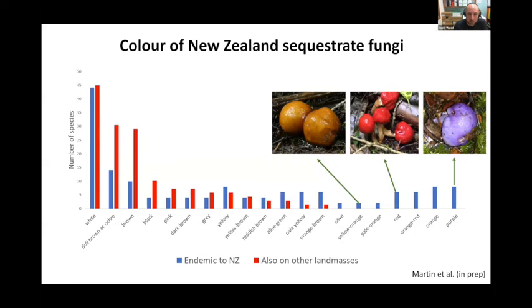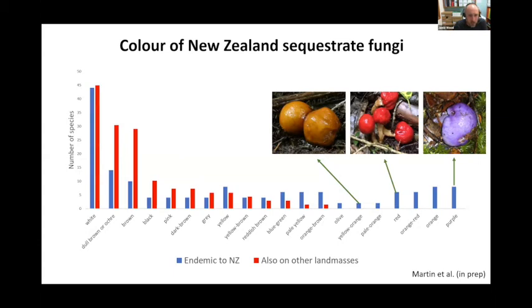Recently, Ross Beaver's observations have been borne out by the first quantitative assessment of traits in New Zealand sequestrate fungi. For fungi that are shades of white, brown, black and grey, shown here on the left of this graph, we find that most of these species are actually shared with other land masses.